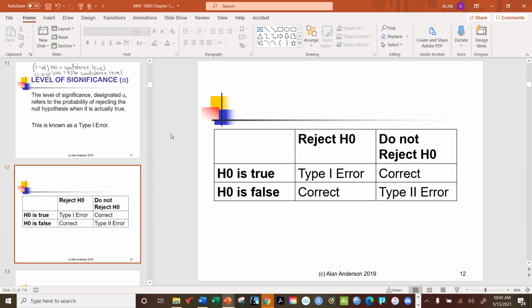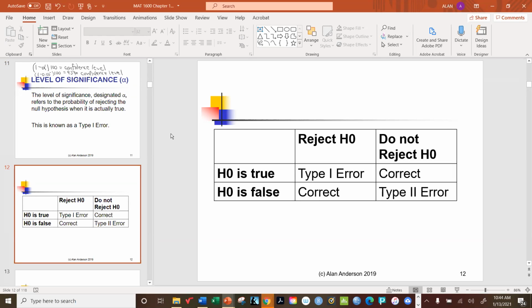If you reject it, you have committed what is called in statistics a type 1 error. If you don't reject the null, you've made the correct decision, of course. On the other hand, if the null is false, rejecting the null means you've made the correct decision, and not rejecting means you've made what's called a type 2 error.